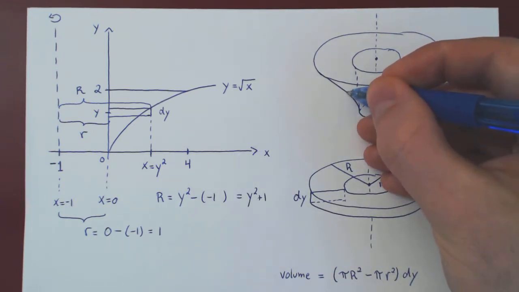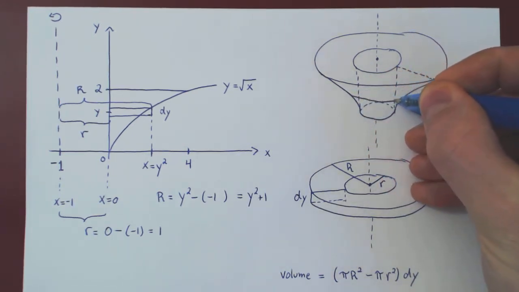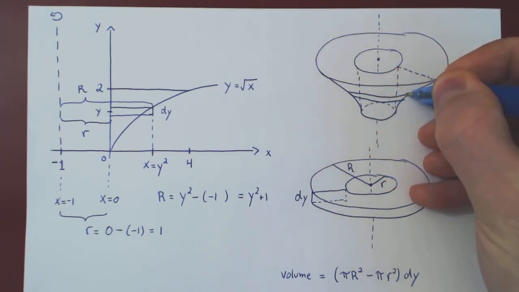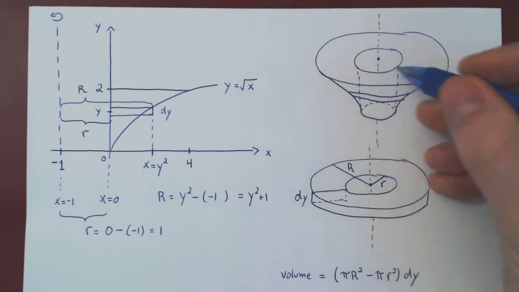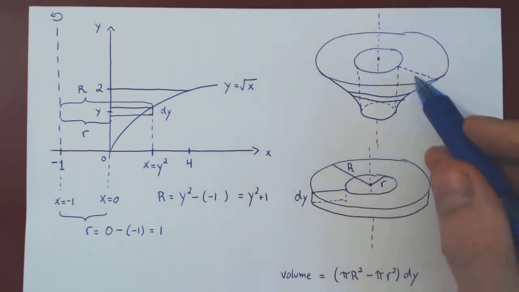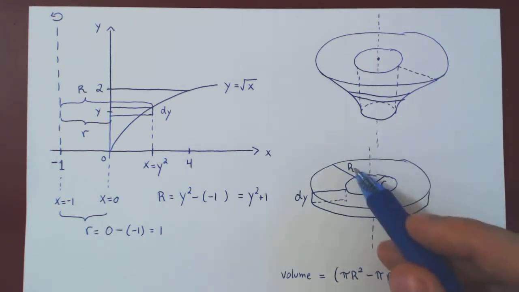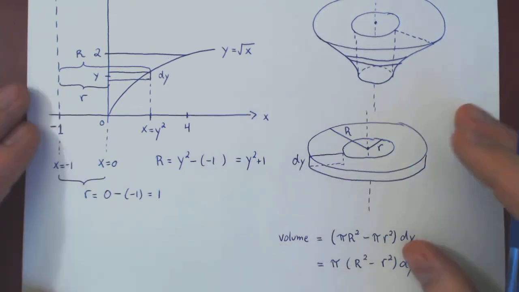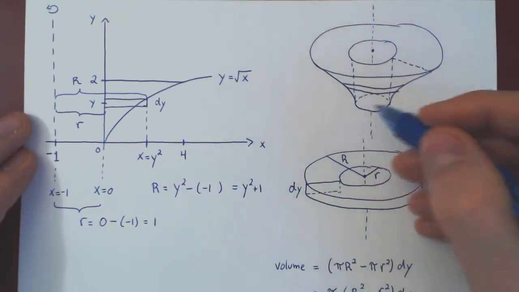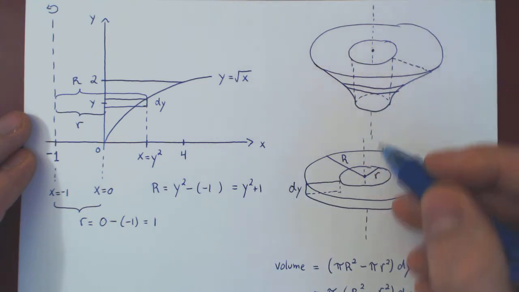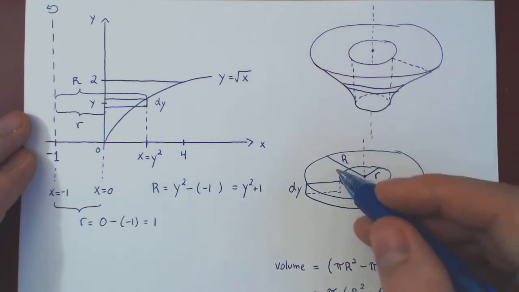Or you could imagine it would give you a slice like this. It would go around, so you're cutting through a little slice of the full solid. You get an infinitesimal washer whose volume equals this. And of course, to get the total volume of the solid, we must add the volume of all of these little slices, all of these infinitesimal washers.